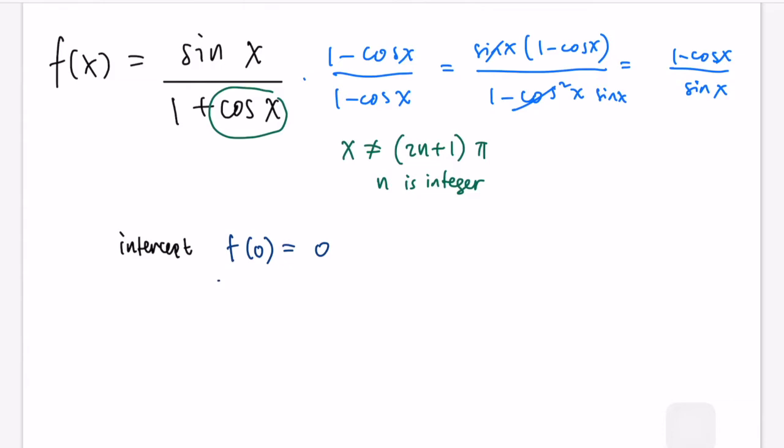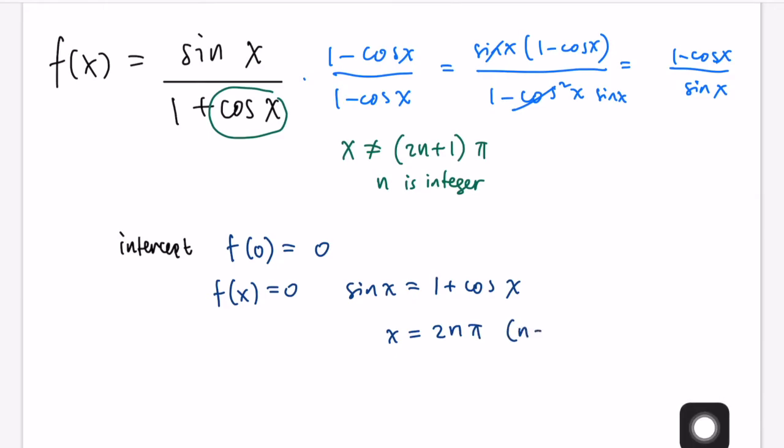When y is 0, we get that sine x is equal to 0, and that is x equal to n pi, and n is integer. Okay, every time I write n, it means the integer, like in the trigonometric equations.